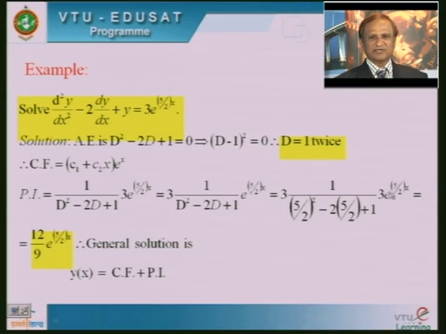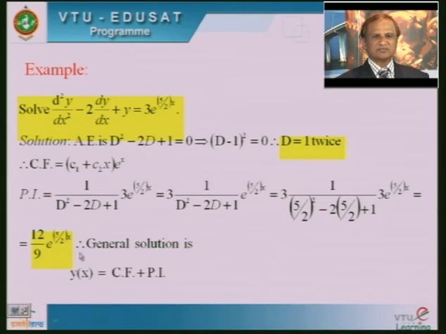I have written 3 two times, but you should not write 3 two times; it should be e^(5/2 x) only. Now I have to simplify (5/2)^2 minus 2 into 5/2 plus 1. After simplification, I obtain 12/9 times e^(5/2 x) as the particular integral of the given differential equation.